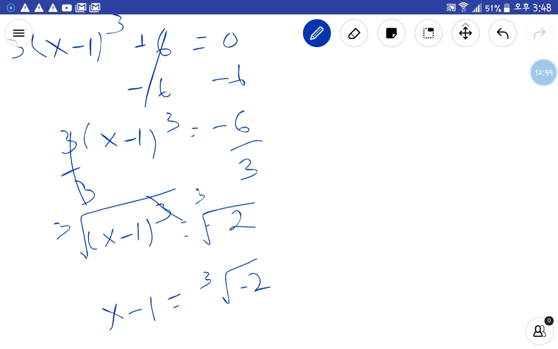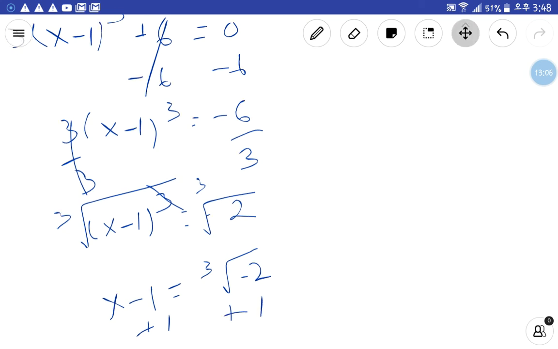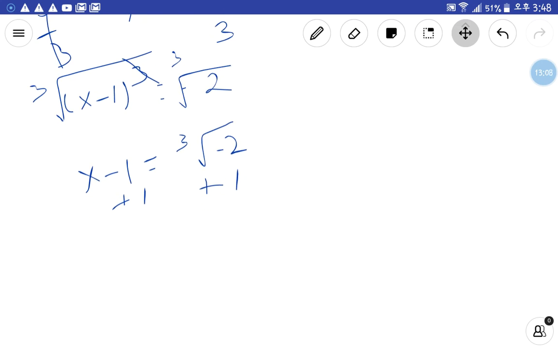Now what do we do? You're going to add 1 each side. And your x would be 1 plus cube root of negative 2.